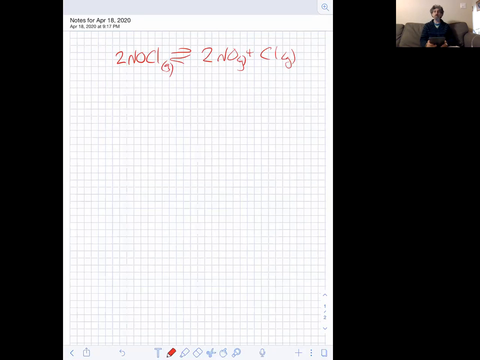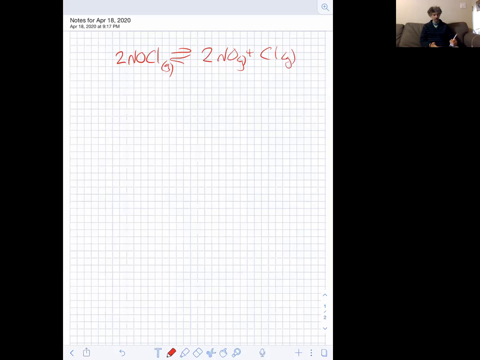There we go. So there's the balanced equation. Now, of course, if for some reason they didn't give you the balanced equation, then your first job is to take the verbal description, nitrosyl chloride becomes nitric oxide gas and chlorine gas, and to balance it properly. But we'll assume that you've got that done and you're ready to work the equilibrium problem.